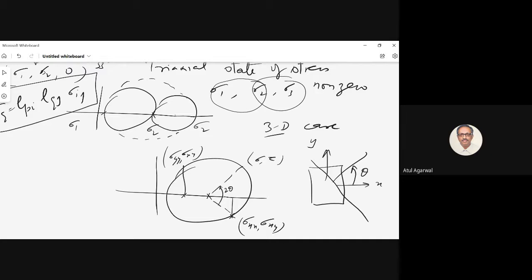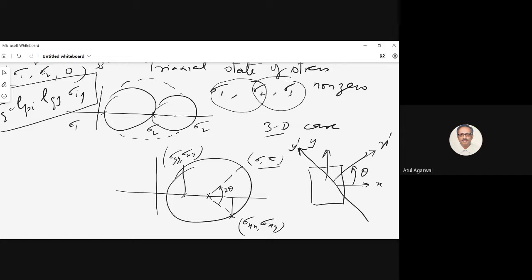So you have to go twice the angle and you find the normal stress and shear stress. Now you want to find normal stress and shear stress on this plane. You have rotated your coordinate system. Your xy axes have gone to x prime, y prime.